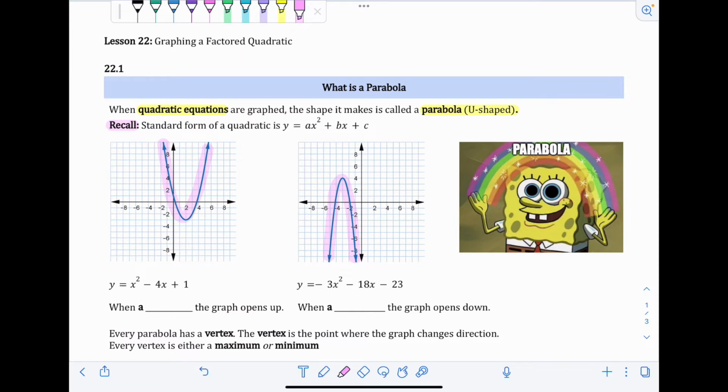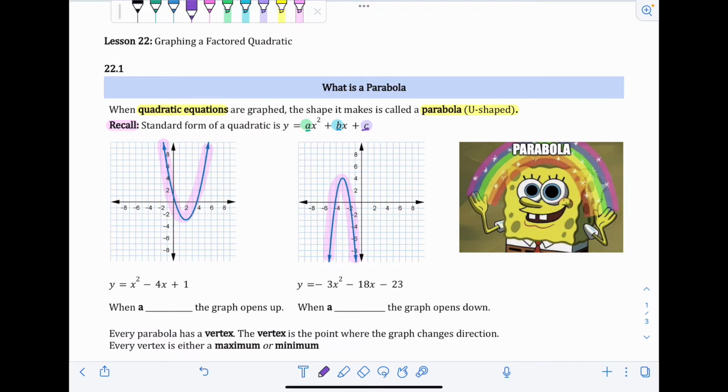Those variables are important. a is always the coefficient of x squared, b is always the coefficient of x, and c is always what's called the constant term, the one that doesn't have a variable.